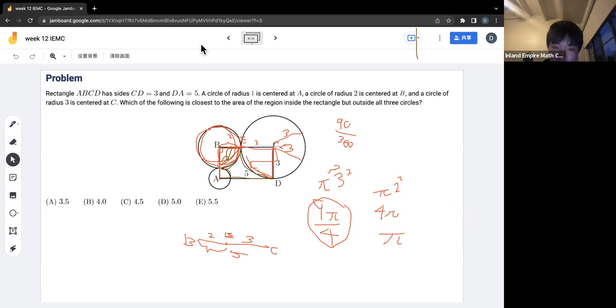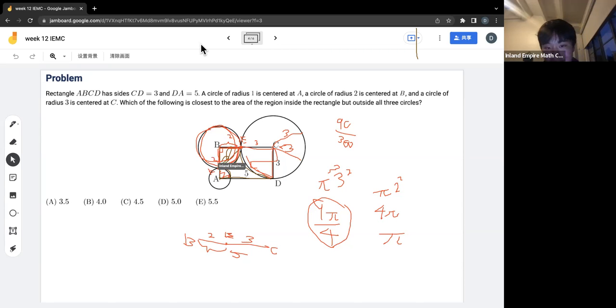So on the bottom other circle, we also need to find this area right here, which is going to be BA minus another point, which we'll put here called F. Because F is on the circle centered on B, we know that BF equals 2.